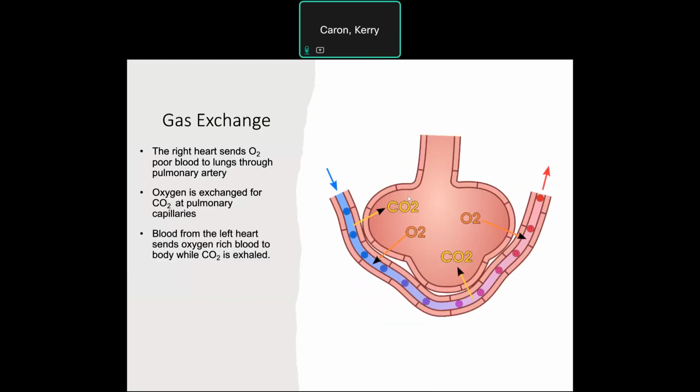The gas exchange, we know the right heart sends oxygen-poor blood to the lungs through the pulmonary artery. Oxygen is exchanged for carbon dioxide, we give oxygen to the blood, we take back carbon dioxide to be exhaled, and that happens at the pulmonary capillaries. And then blood from the left heart, that oxygen-rich blood, gets circulated to the body and we exhale carbon dioxide. And that's gas exchange.